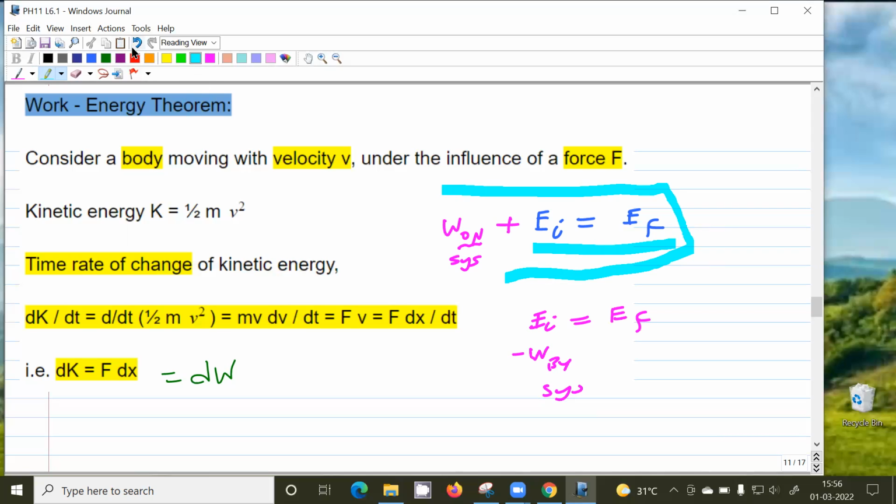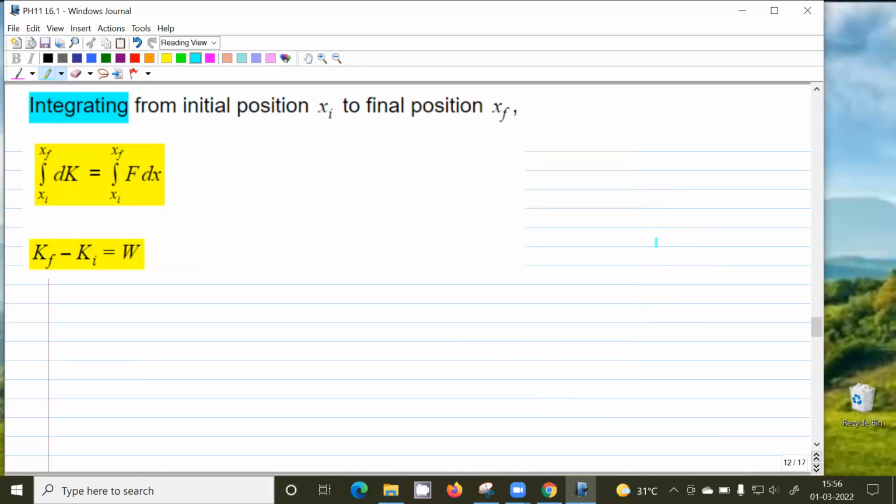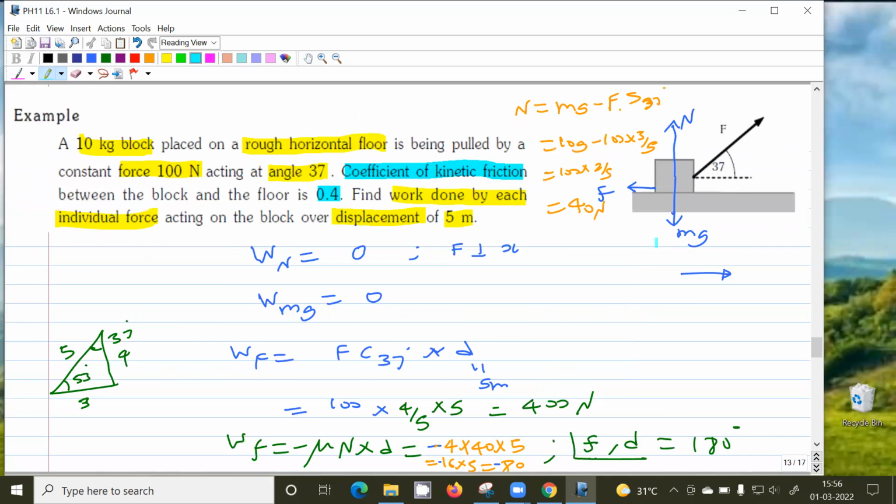But if there is some external work done on the system, or if the system does some work, then we have to include the term for the work done also. So the inclusion of this term makes it the work energy theorem. And the work done is integral f dx. Okay, I think we'll straight away go to PYQs.